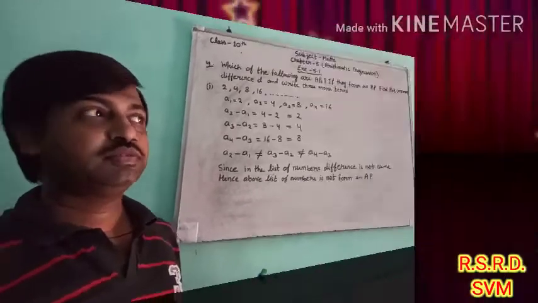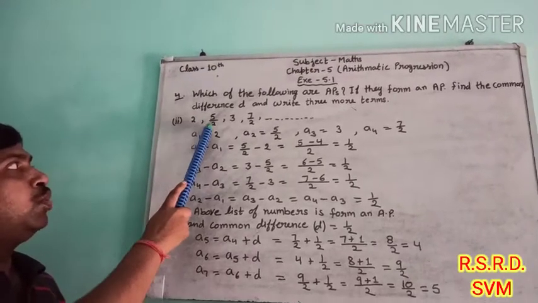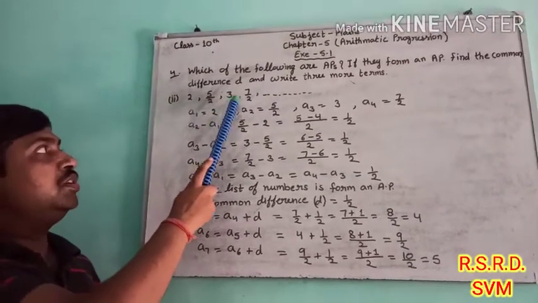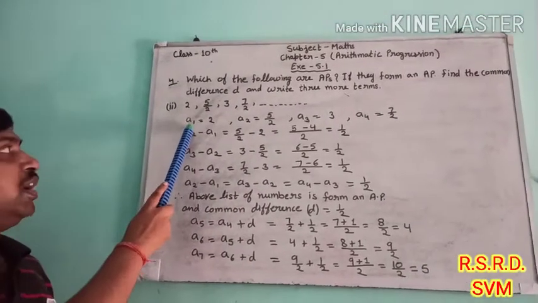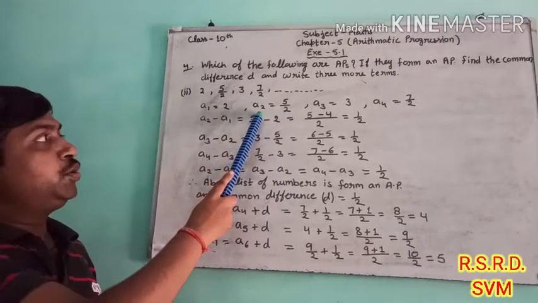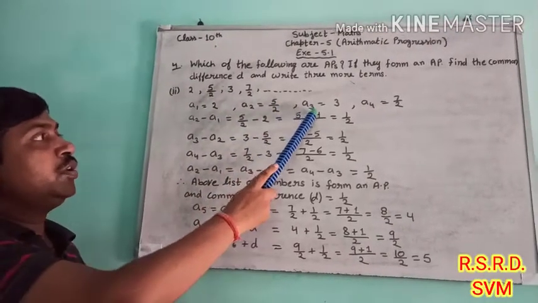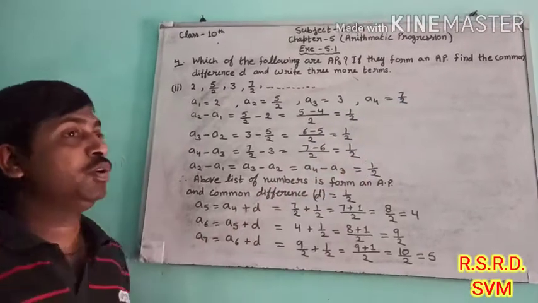In the second part, the series given is 2, 5 upon 2, 3, 7 upon 2 and so on. Here the first term a1 is 2, second term a2 is 5 upon 2, third term is 3 and fourth term is 7 upon 2.